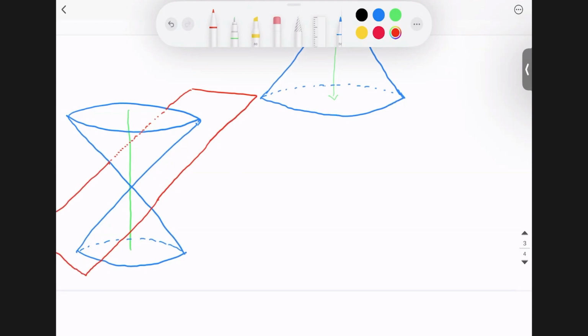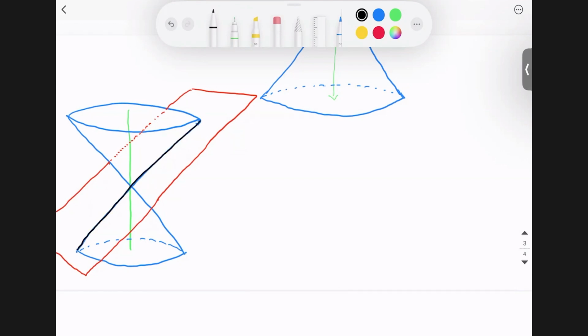Then you can clearly see that whenever this plane touches both the cones, and the angle between them is less than or equal to alpha, at most it will be alpha, then it will give at most this straight line. That's all. Nothing more than that.